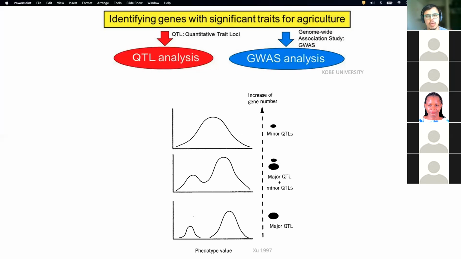But again, that depends on the LD of your crop. The higher the LD, the fewer markers you are going to need. And LD is the linkage disequilibrium. And the more diverse your population is, the more historical recombinations you are going to have in that population. So in that scenario also, you are going to need more markers.